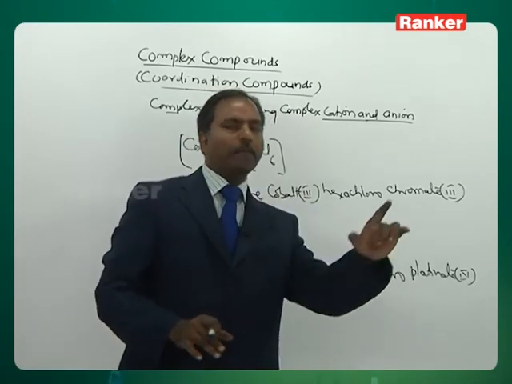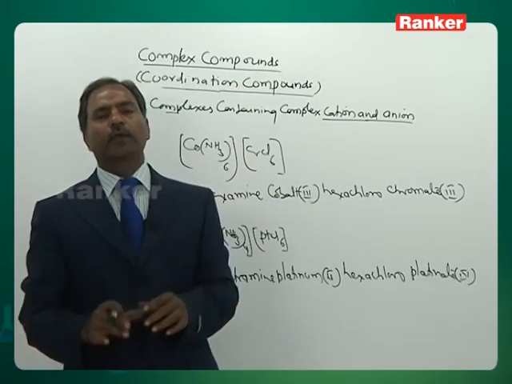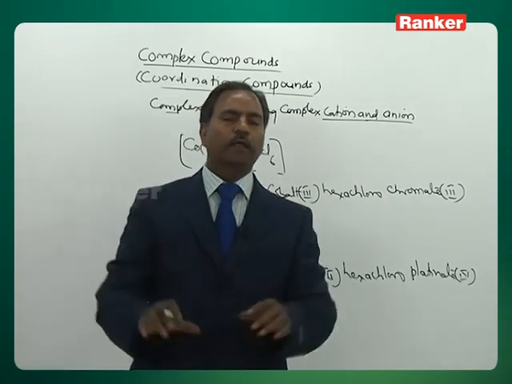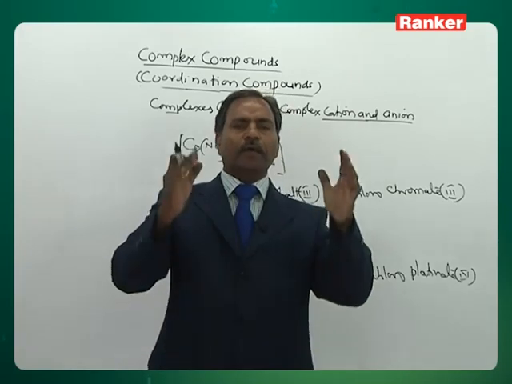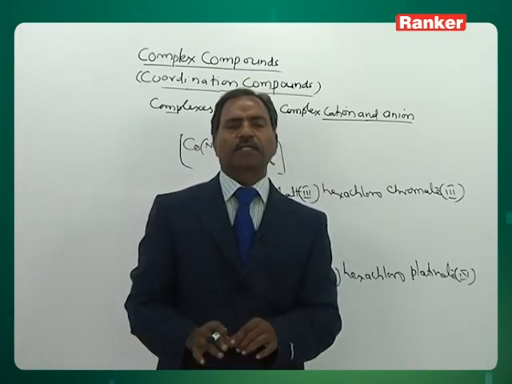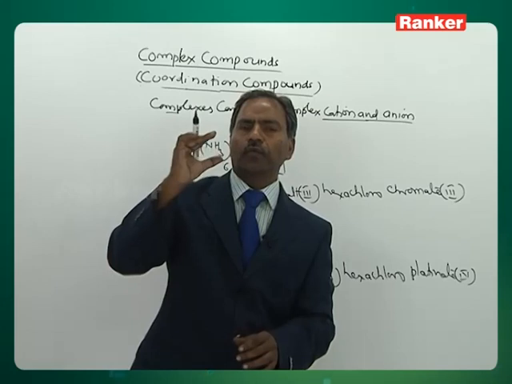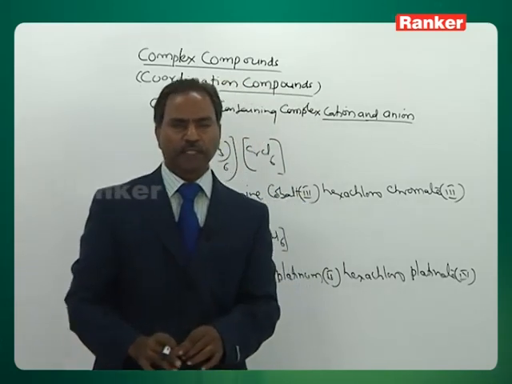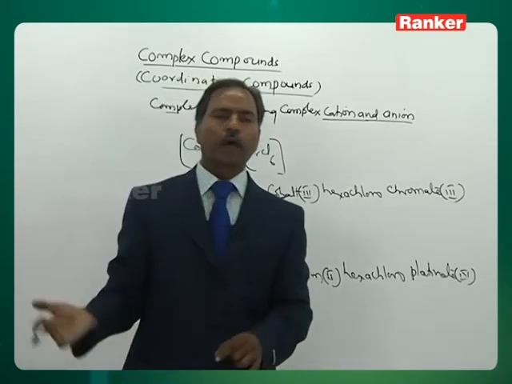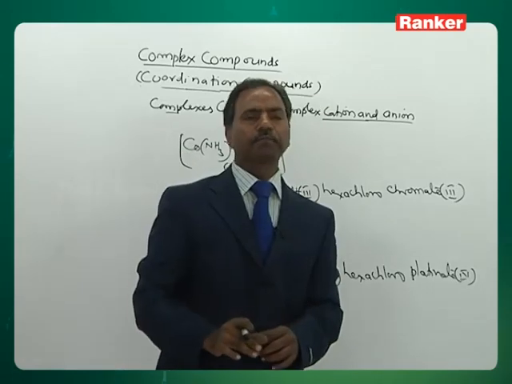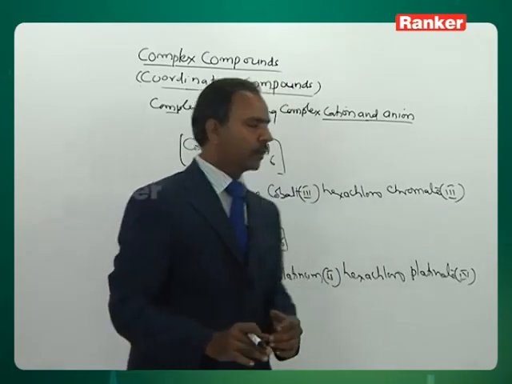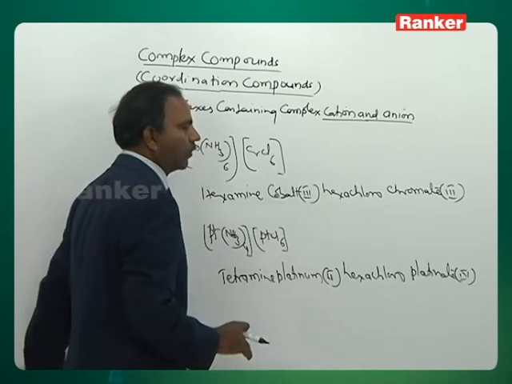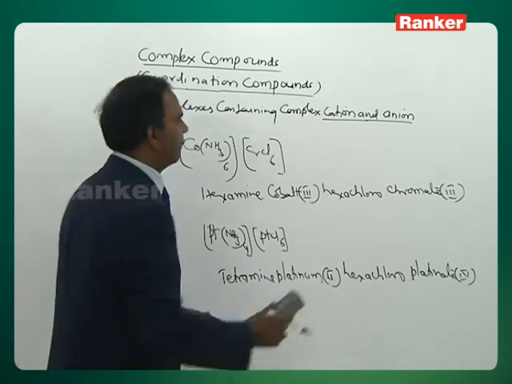Once the name of the complex is given, it is a little bit difficult to write the chemical formula of a complex. Now I will write some names of the complexes, then see how to frame the formula of a complex.